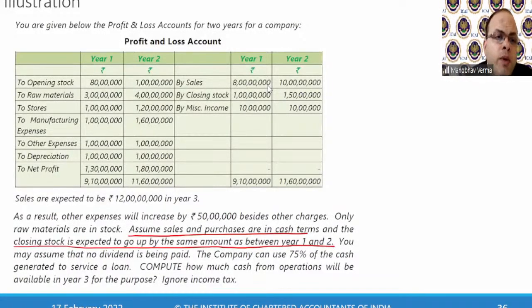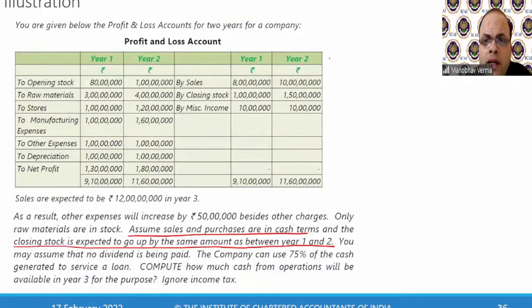So what we can do is calculate the amount consumed. Let's say we are looking at year 2. In year 2, what is the cost of goods sold, guys? So we have 1 crore, and then 4 crore, that is the raw materials purchase, and a closing stock of 1.5. So with respect to the sales, what was the ratio in terms of the consumption? If we are looking at a similar jump, we can calculate it between year 2 and year 3.